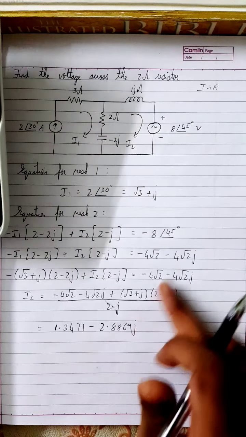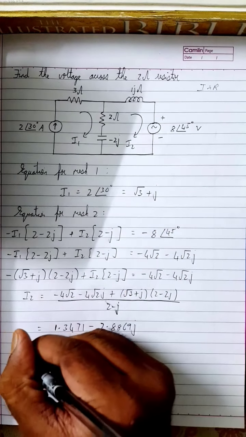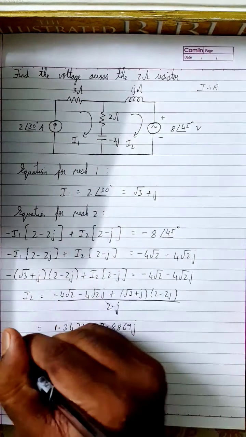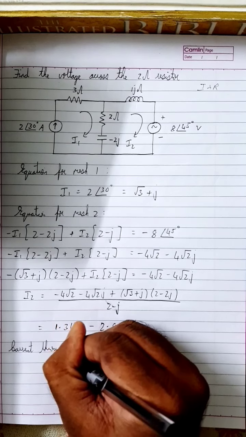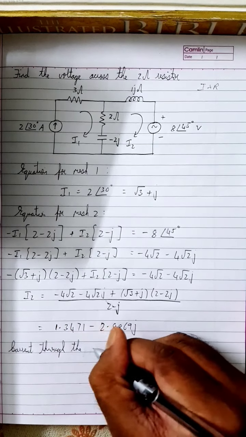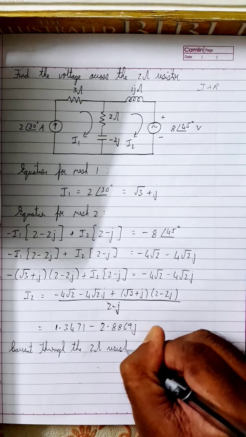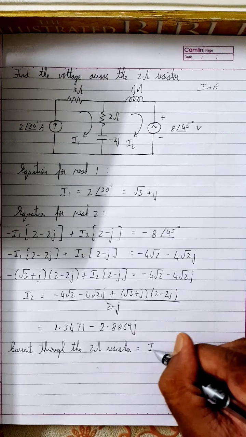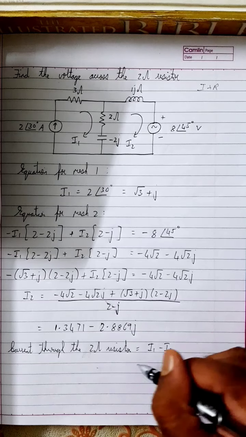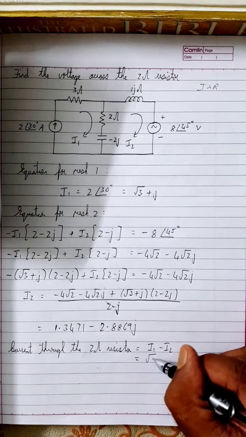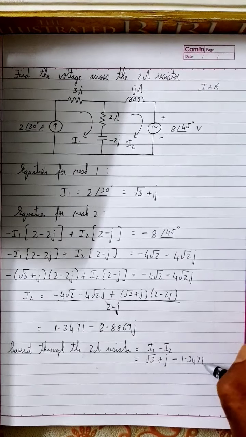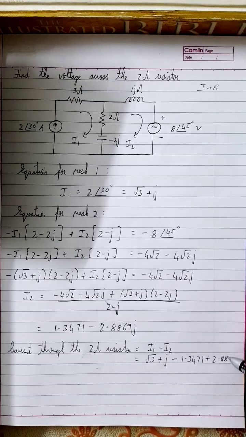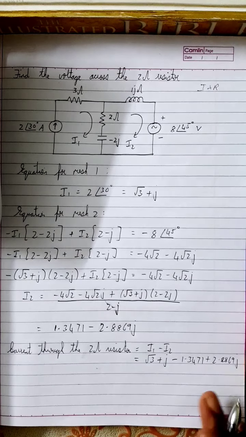This is the value of I2, this is the value of I1, so which means the current through the 2 ohm resistor is equal to I1 minus I2, which is equal to root 3 plus j minus (1.3471 plus 2.8869j).